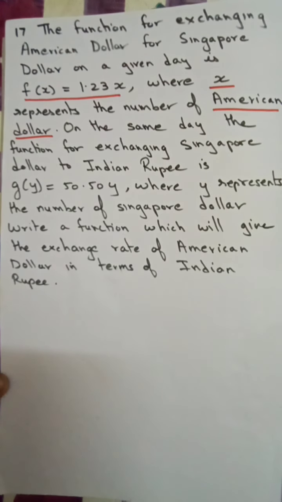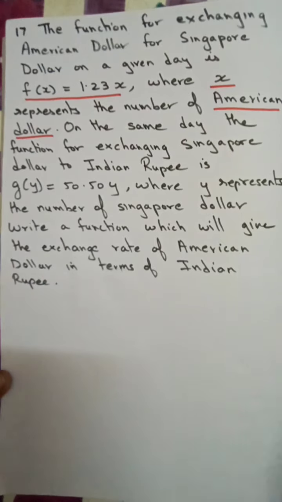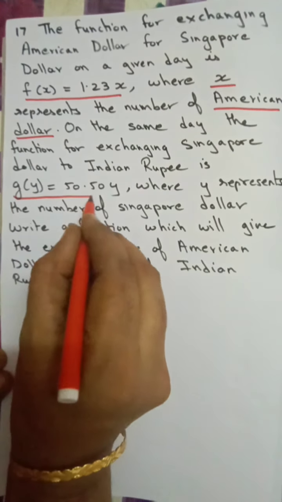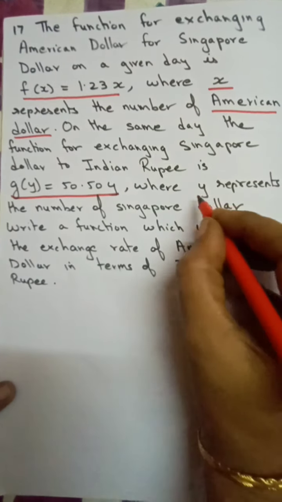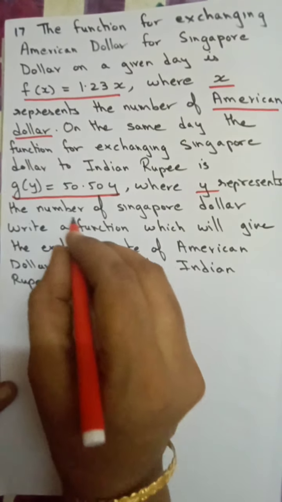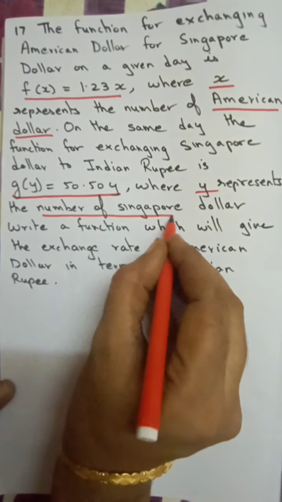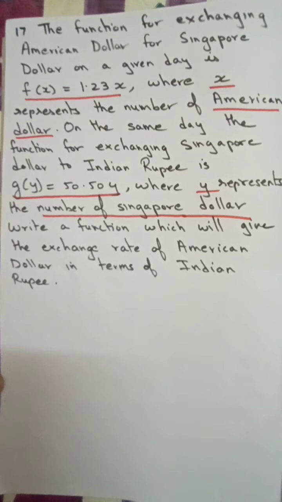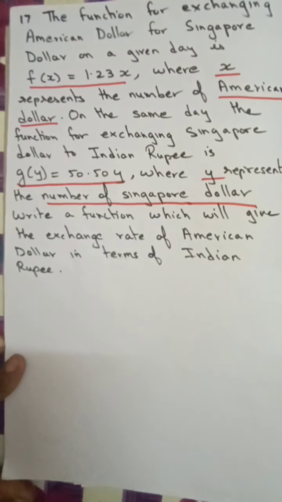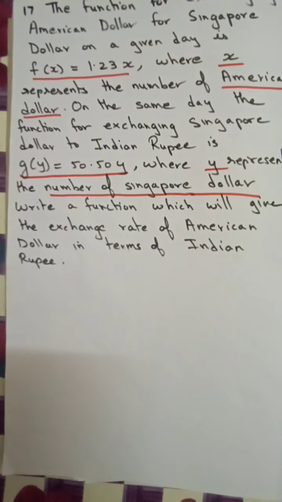On the same day, the function for exchanging Singapore dollar to Indian rupees is g of y is equal to 50.50y, where y represents the number of Singapore dollars. Write a function which will give the exchange rate of American dollar in terms of Indian rupee.